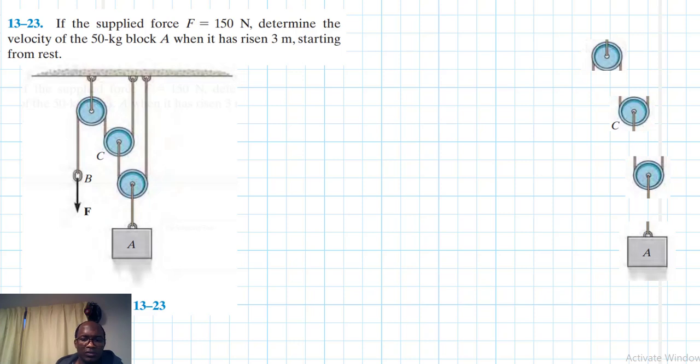So let's now transfer the force F. We have force F here, which will be transferred there, and there it is going to be equal to, there we go. We have that force transferred to the other side like so, and later on transferred there. Then we have it there, transferred there, and later on transferred down.